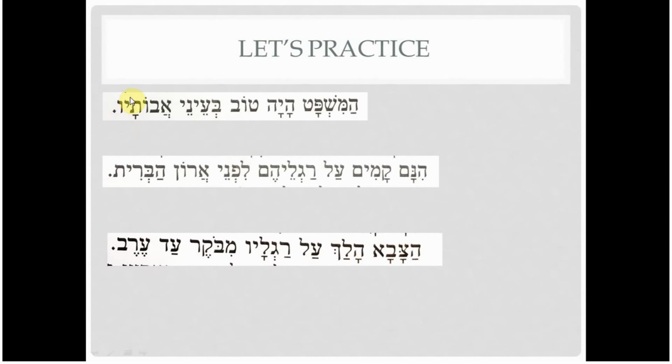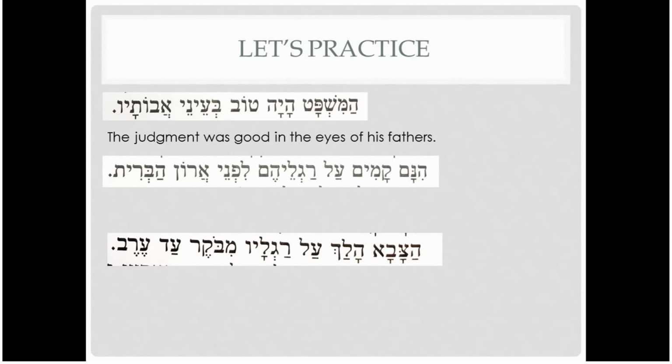But you can tell that this pronoun is attached to a plural noun for two reasons. One is that the ot remains, but then you also have the yod there to signal to us that the pronoun is attached to a plural noun. So his fathers, or his ancestors, we could say.